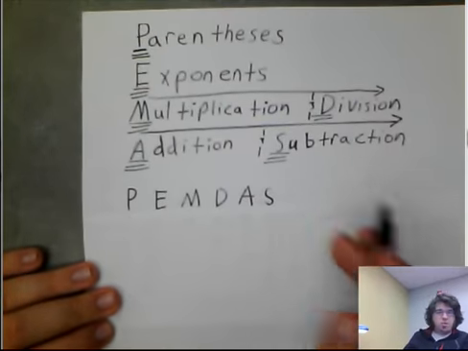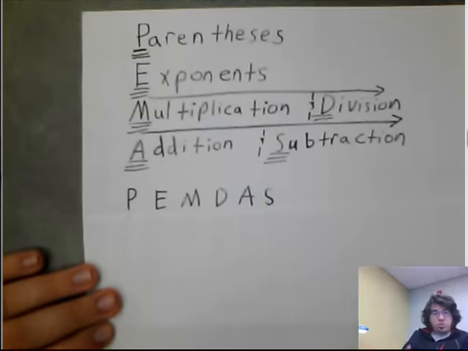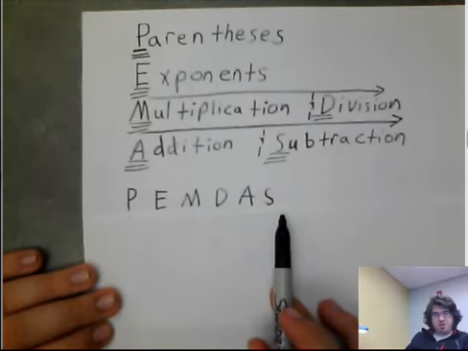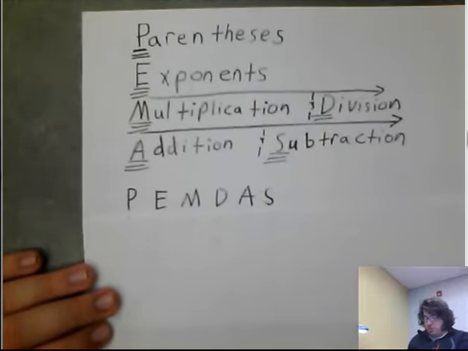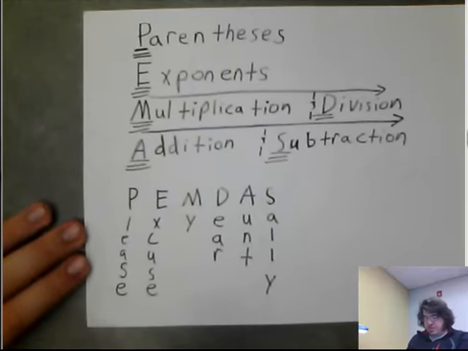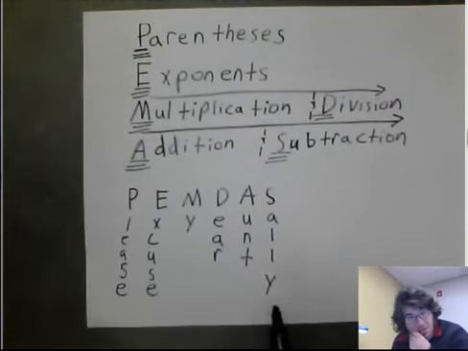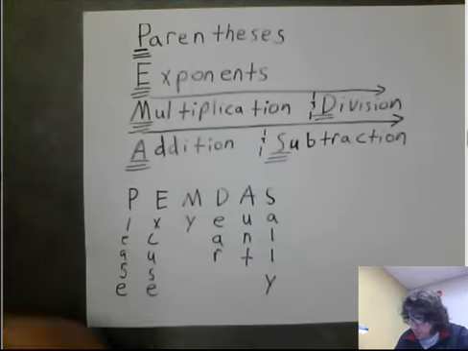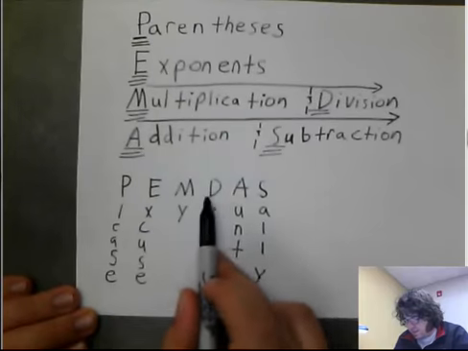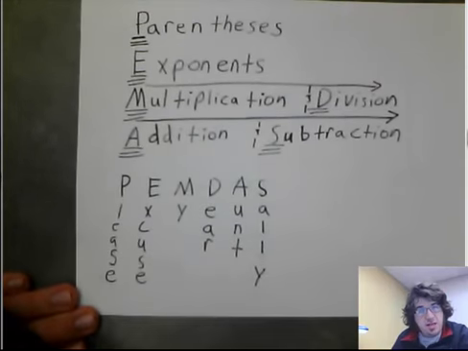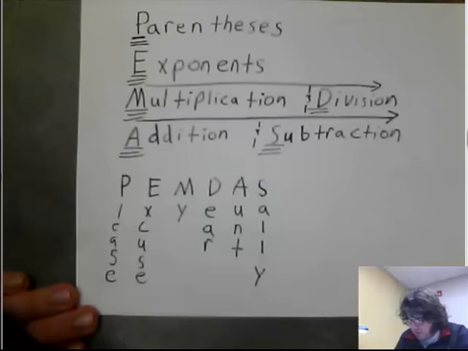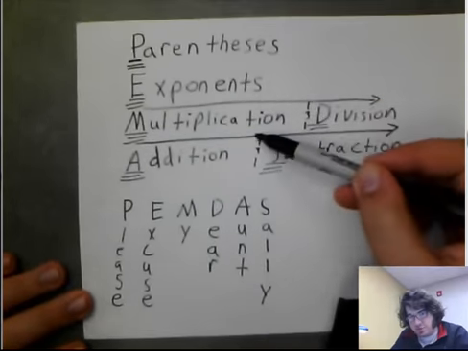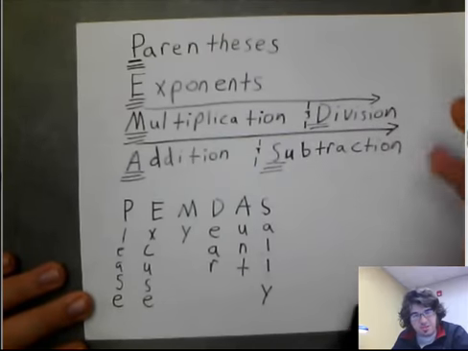If not, we use words to remind ourselves of what these letters are, and what we use in our class is please excuse my dear Aunt Sally. If you can remember please excuse my dear Aunt Sally, you will remember PEMDAS because those are the first letters of all those words. And if you can remember that, you could remember parentheses, exponents, multiplication, division, addition, subtraction.